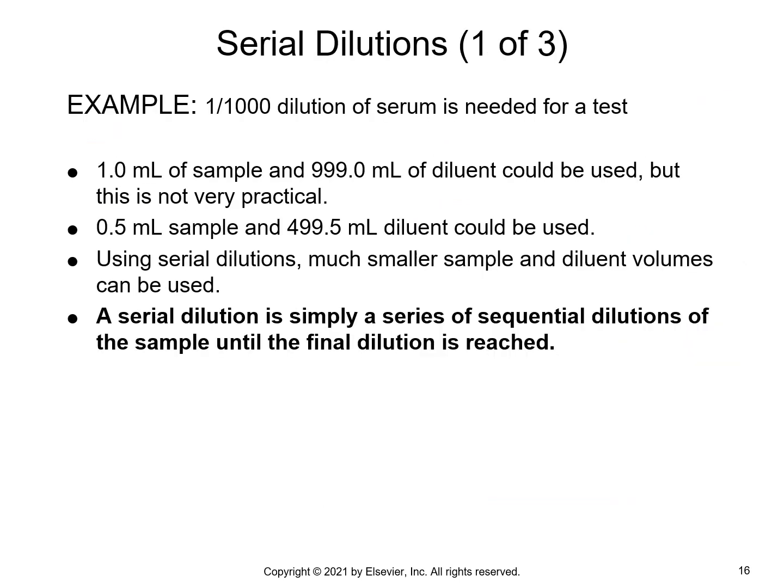So for example, you want to make a dilution of some serum of 1 in 1,000. And so let's just say maybe again this is an HCG, or it could be something like an RPR test. There are plenty of tests out there where you can get some very high results, so you might have to do a higher dilution factor.